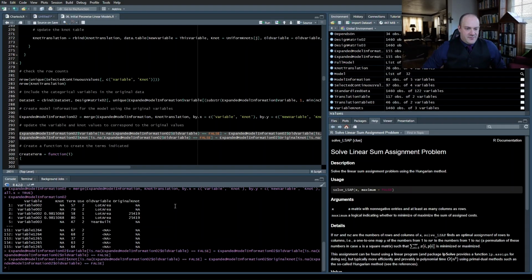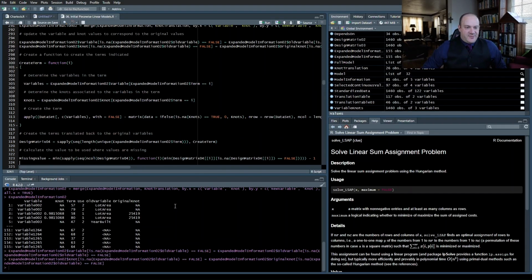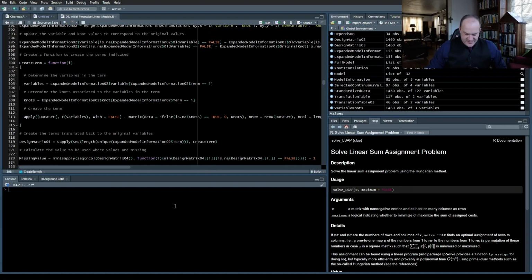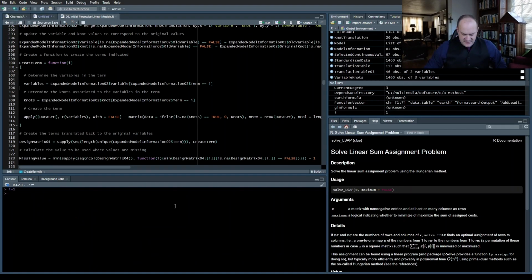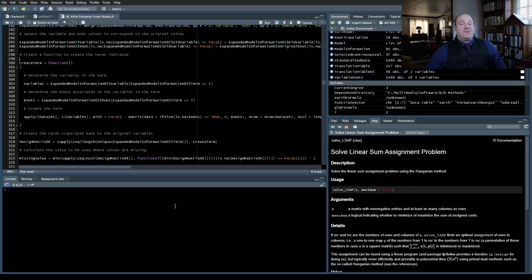Okay. Now, just as before, we'll let i equal 1. Just as before, when we were creating the terms using the transform variables, we had the create term function. Now we're going to redefine the create term function to create terms not in terms of the transform variables, but in terms of the original variables.